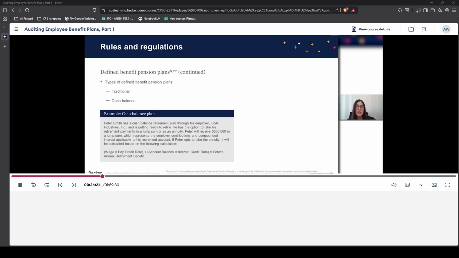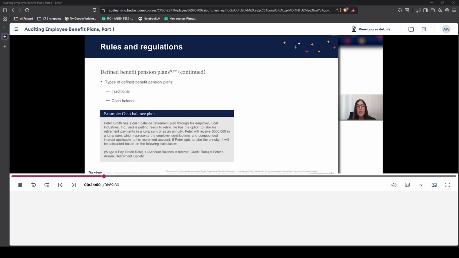So looking here at this example, Peter Smith has a cash balance retirement plan through his employer and is getting ready to retire. So he has the option to take his retirement payments in a lump sum or an annuity. So Peter will receive $500,000 in lump sum, which represents the employer contributions and compounded interest applicable to his retirement account.